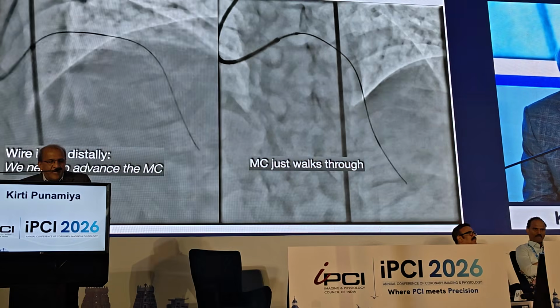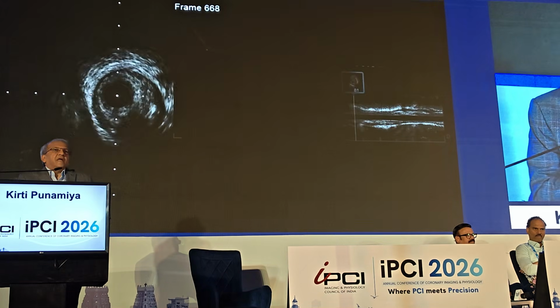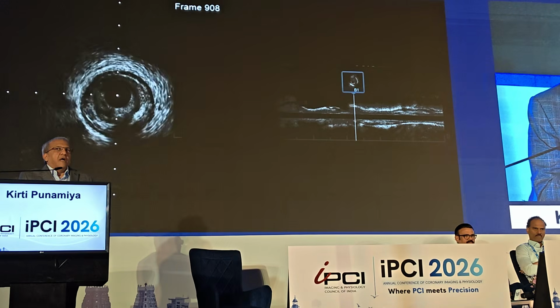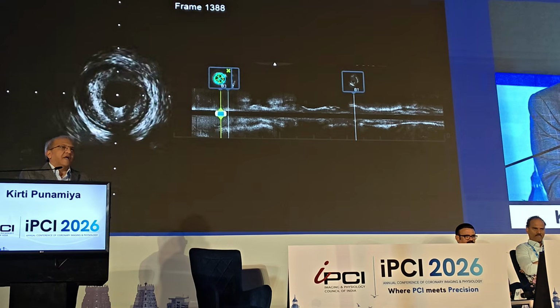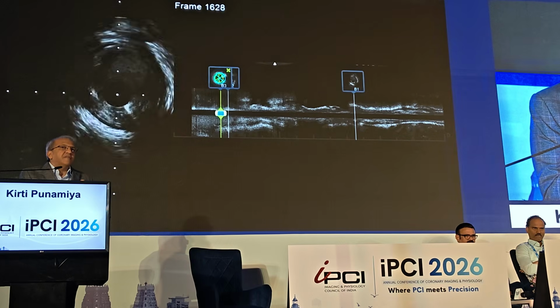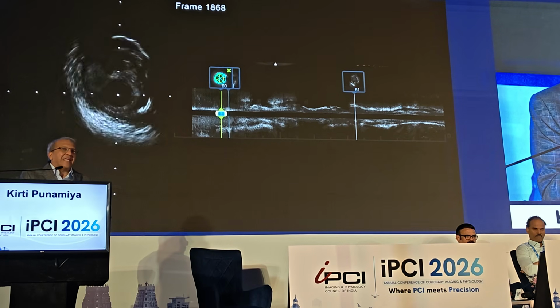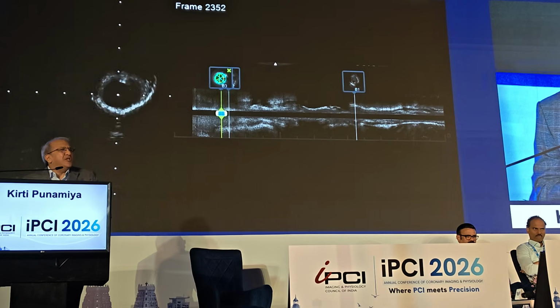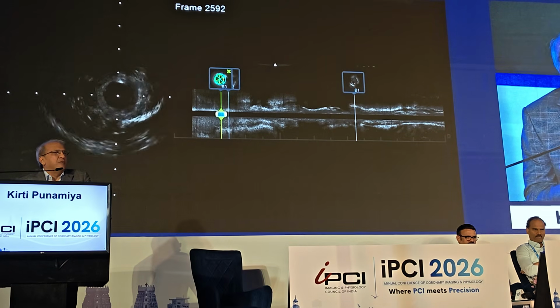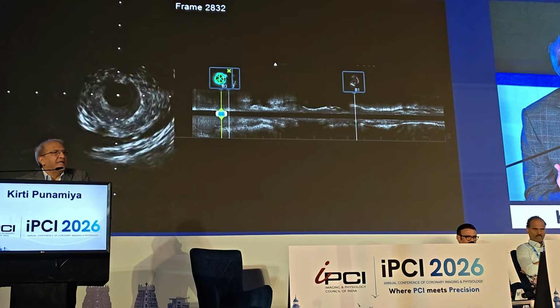Now, once we do that, we look at our IVUS images, and as I mentioned to you, whenever I have done ELCA with contrast, my IVUS images have shown cracks in the deeper calcium. This initially we thought was just something that we are looking and visualizing and kind of over-reading.